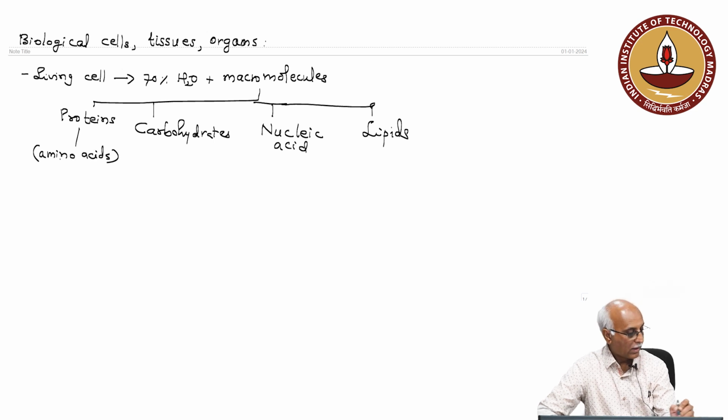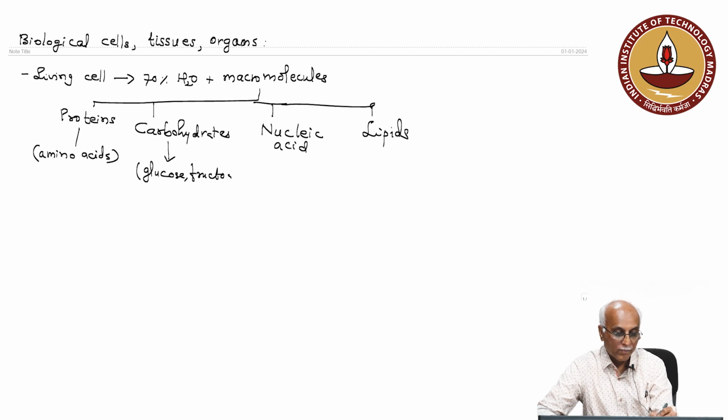Now if we consider proteins, basically they are made of amino acids, and carbohydrates are glucose, fructose, and nucleic acids are basically nucleotides.